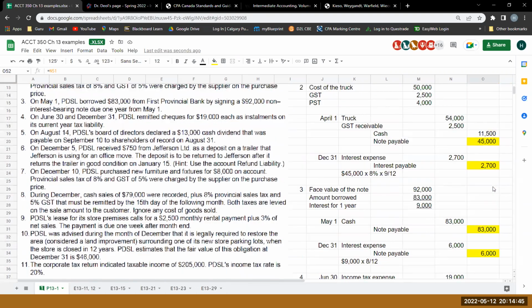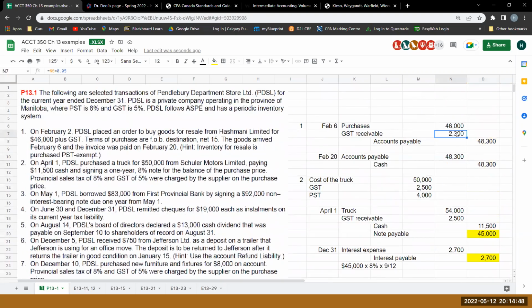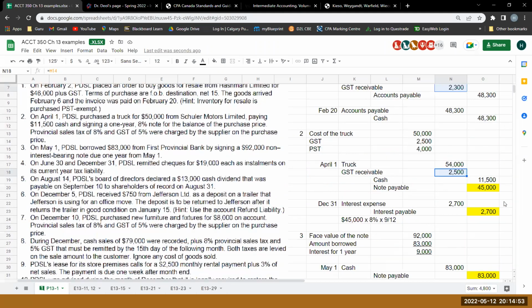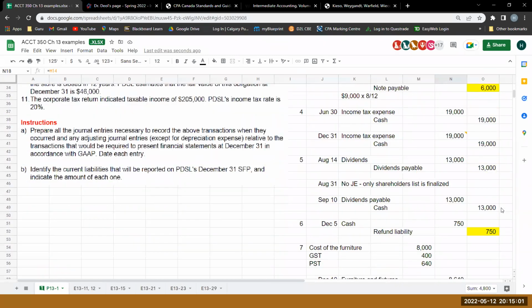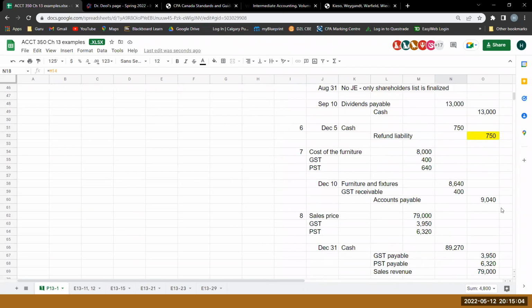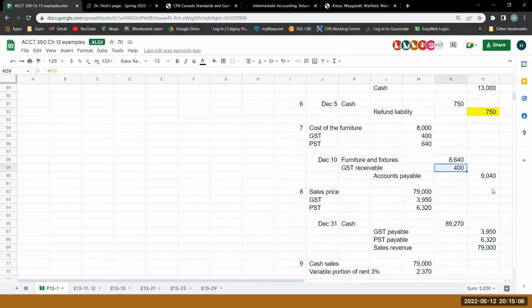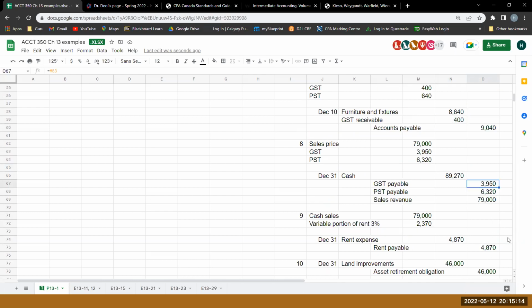Now, for the GST, I've got $2,300 for GST receivable, $2,500 for GST receivable. So 2,300 plus 2,500 is $4,800. And then another $400 of GST receivable, so total $5,200 of GST receivable. My GST payable was $3,950.